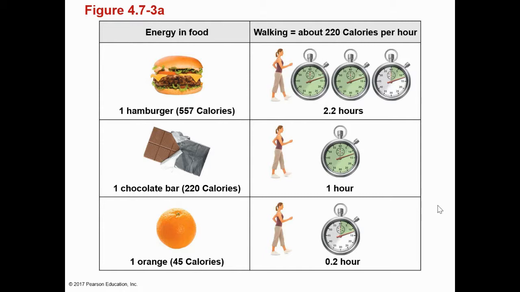Sometimes calories get a bad rap, but what I really want to accentuate here is that calories give us energy in order to go about our daily life. If you think about a chocolate bar that has about 220 calories, you're looking at about 1 hour of walking, and an orange has 45, which is less than 15 minutes.